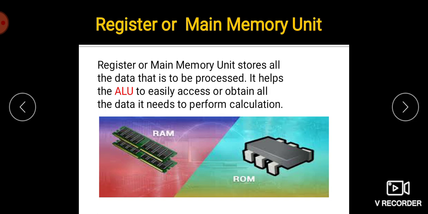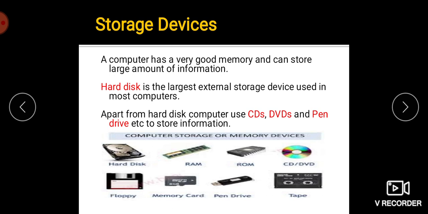So now we are moving to our next topic, which is storage devices. Apart from the main memory of the computer, to store large amount of data like programs, pictures, movies, etc., we need another type of storage unit. So here you can see hard disk.